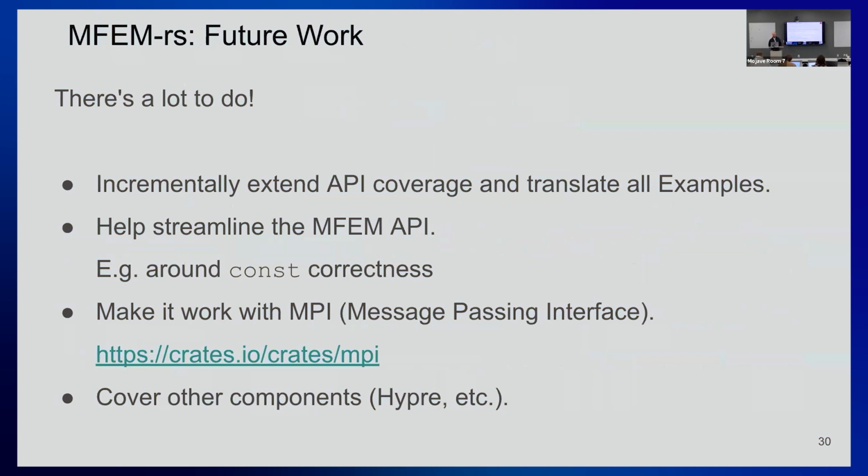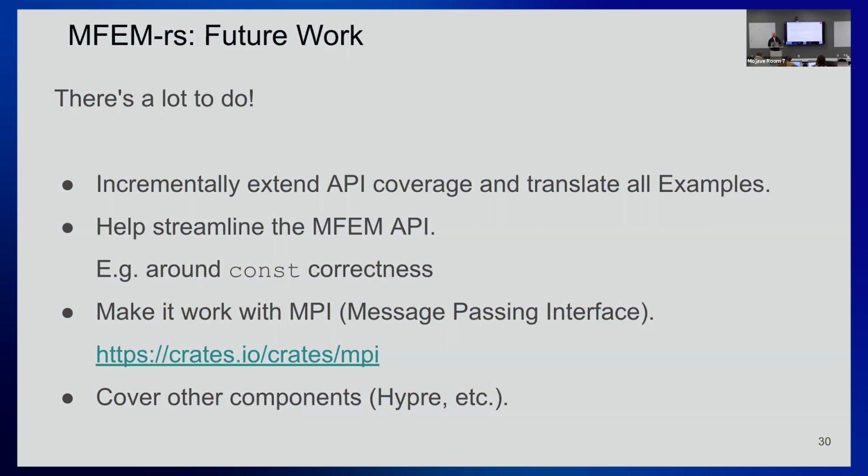The second point is to help streamline the MFEM API, especially around const correctness. I will talk about this in a little bit, why this is super important for Rust. Then make it work with MPI. I expect that to be a larger undertaking, even though there is already a Rust crate for MPI support, because MPI support needs integration with the compiler.